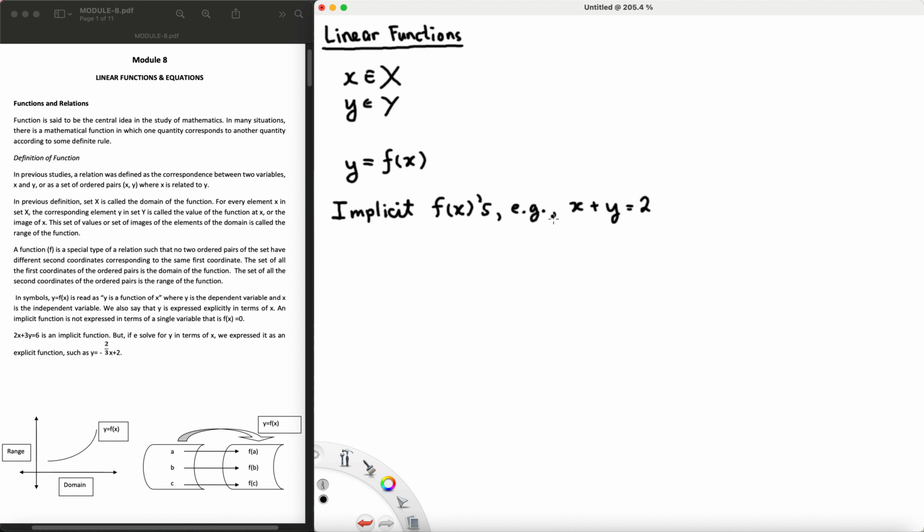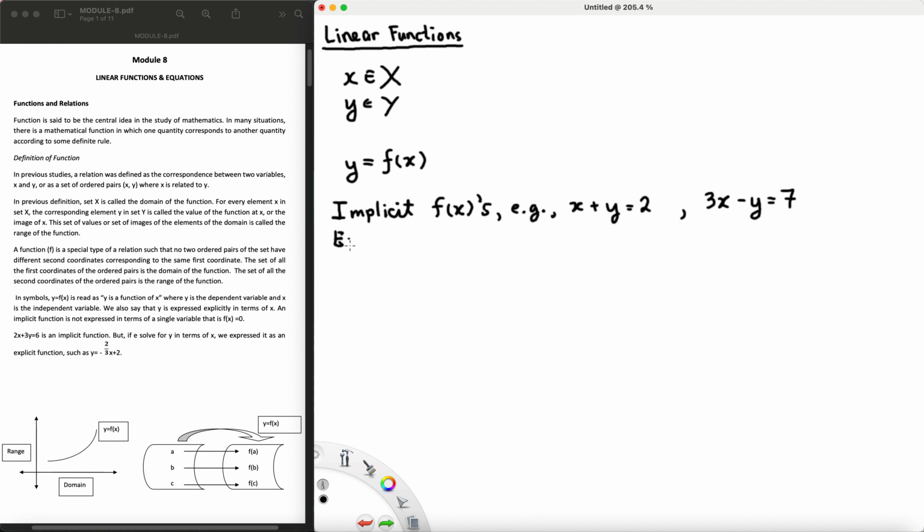That's one example of an implicit function. Another example is 3x minus y equals 7. What we're going to do in these examples is convert them into explicit functions for you to clearly see the difference between them.